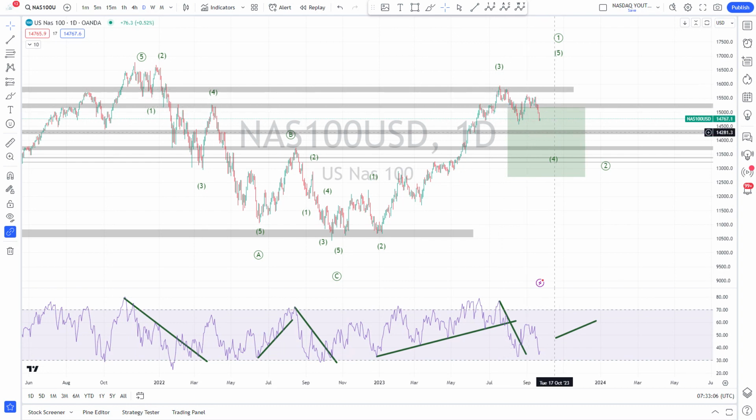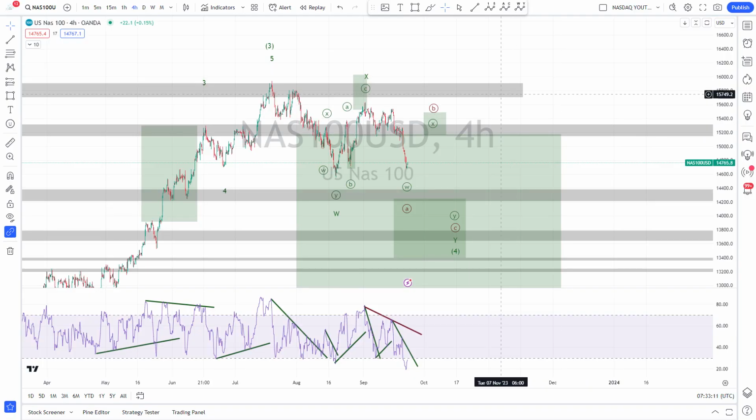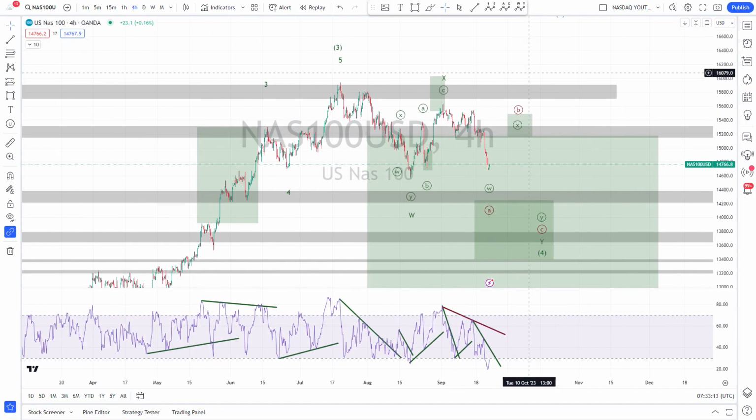My take on the wave 4 is, let's go to the 4 hour to do this analysis. My take on the wave 4 is that we are doing a double correction.